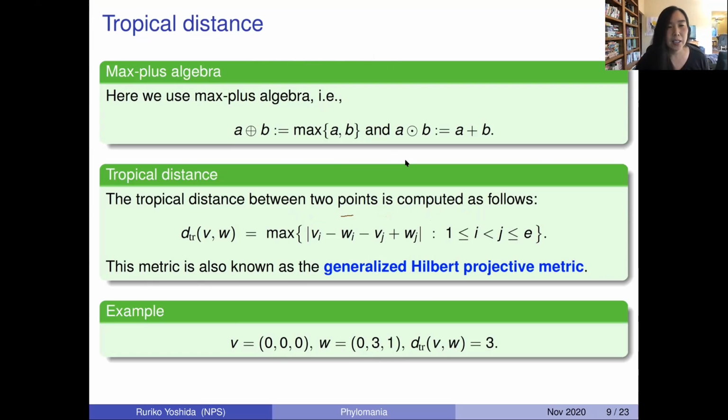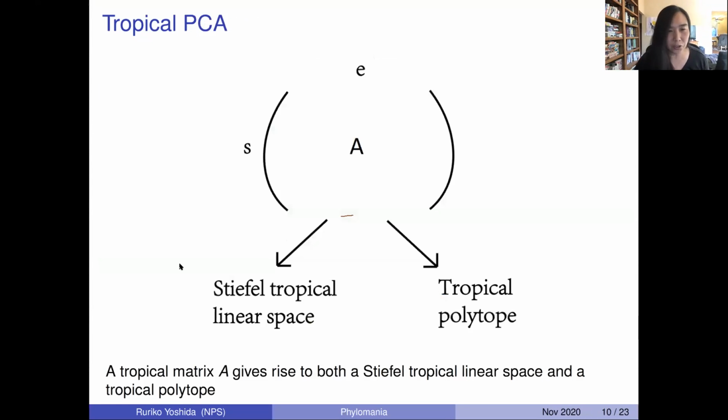Okay. So now, in the first paper, we wrote the tropical PCA. We defined the tropical PCA via two things: a tropical linear subspace and a tropical polytope.